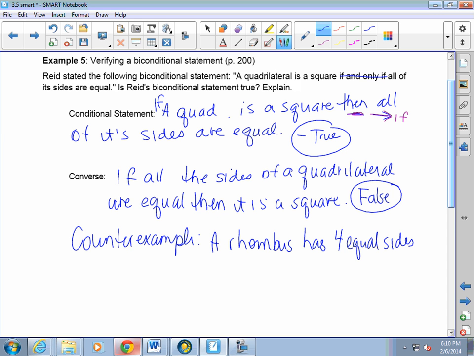And so that means it's a parallelogram. So it meets 2 of the criteria. It has 4 equal sides and it's a parallelogram, but it's not a square. So therefore, the converse statement. And remember, in the definitions it said that you only need to have one counterexample in order to disprove your statement.